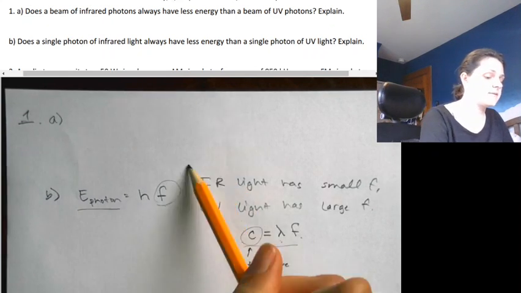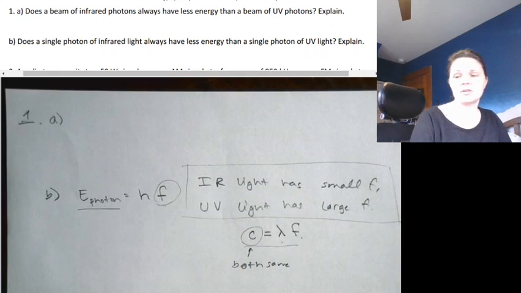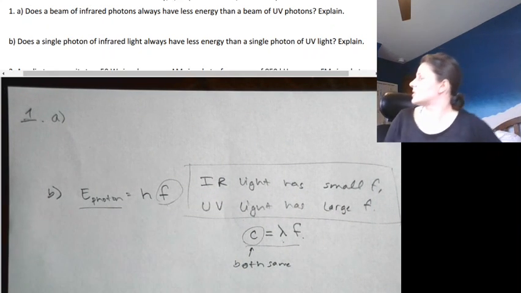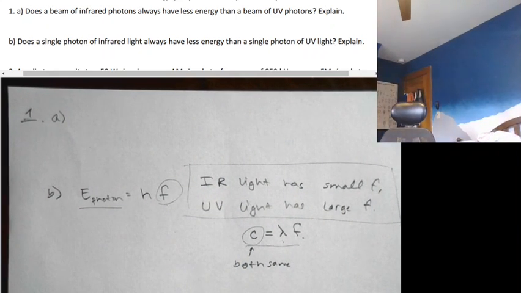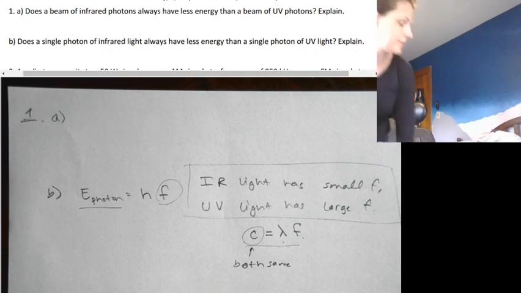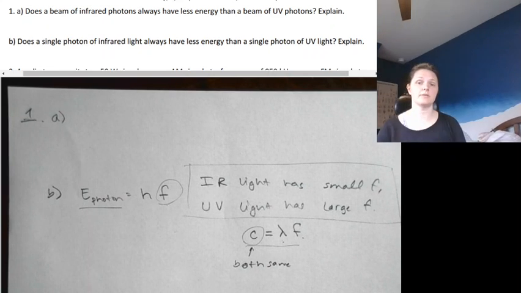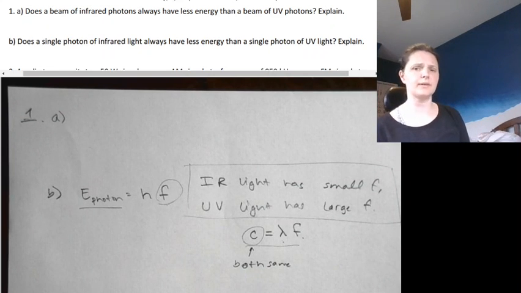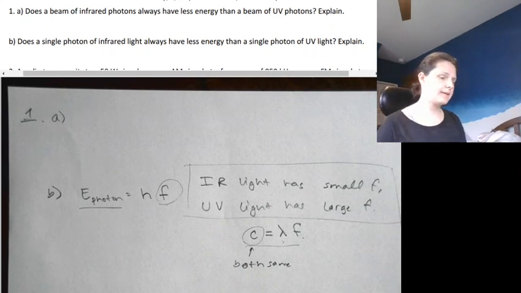I think on the equation sheet, on the very last page, there's a breakdown of the wavelengths that correspond to a bunch of different types of light.